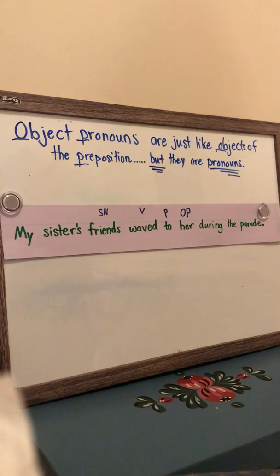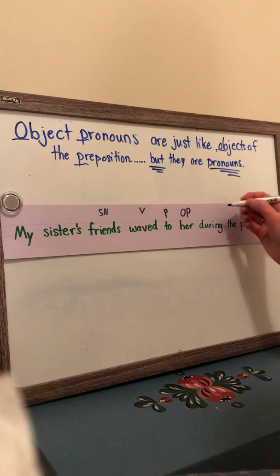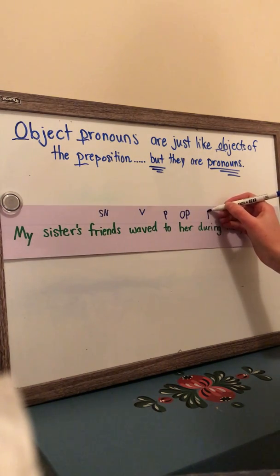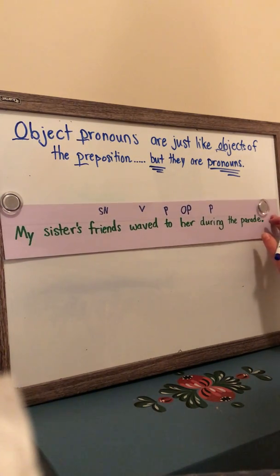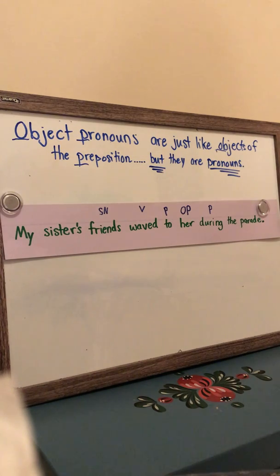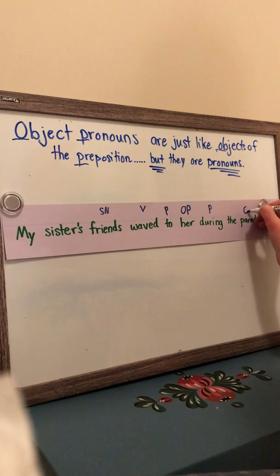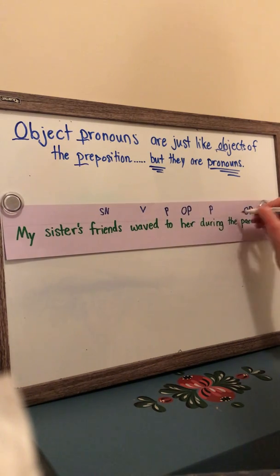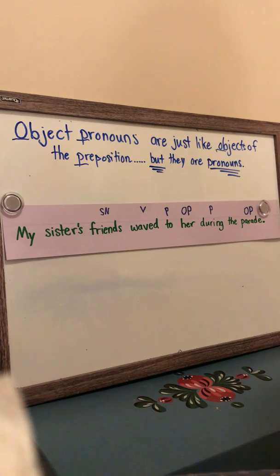Remember, they're both. During is another preposition. This is sliding down. During what? The parade. That's another object of the preposition. That's not a pronoun, though. The is an article adjective.